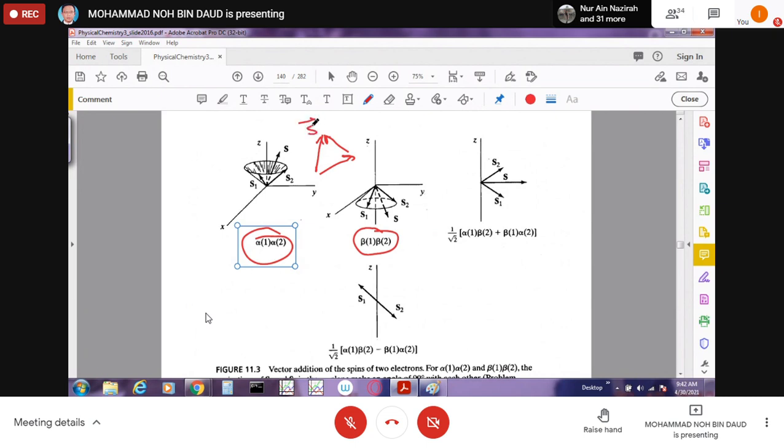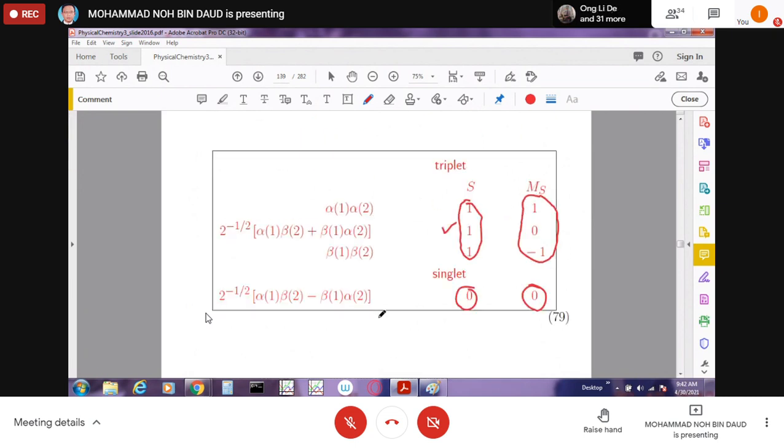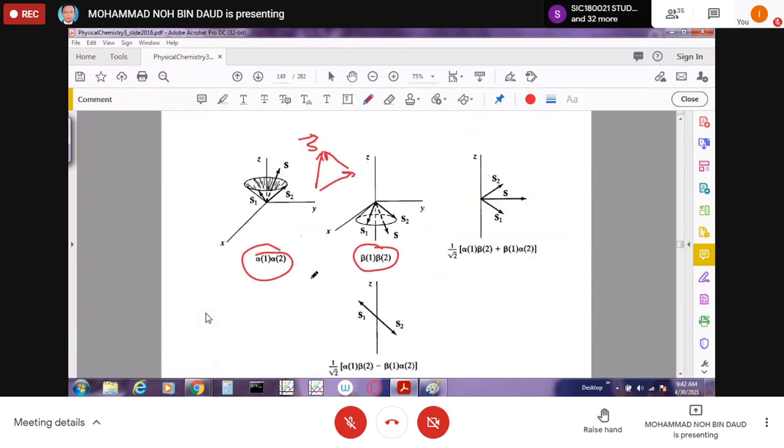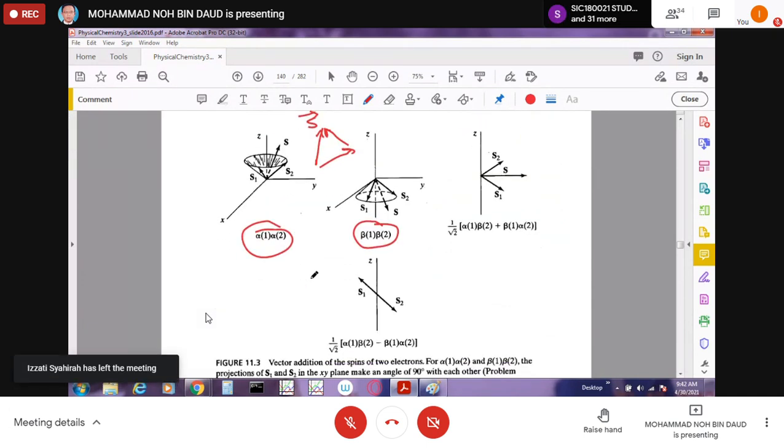Okay, so this is S. And this one for the plus, okay, the minus 1 here. So this is the plus 1, this is the minus 1 here. The net vector here is non-zero, which is not 0. This is 0.